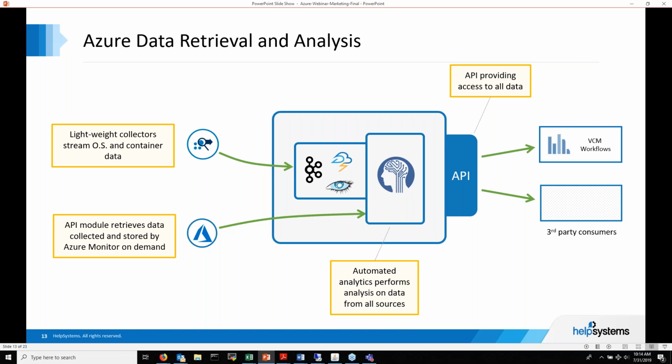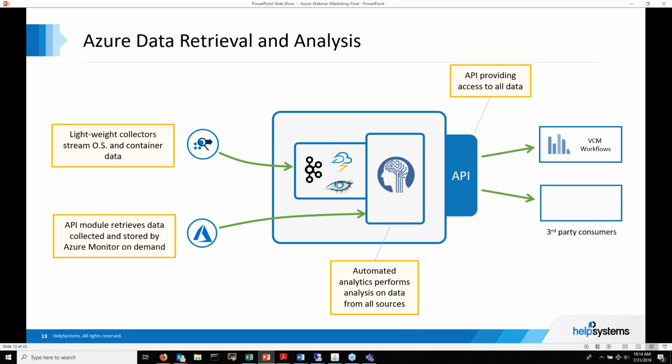I'm going to start in the lower left-hand corner of this particular slide and talk about an integration we have directly with Azure Monitor by way of a module. Again, Azure is collecting and storing and managing that data, so there is no need for us to restore that data for you. We can take advantage of it in the place where it currently resides.